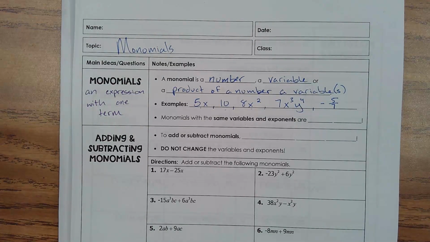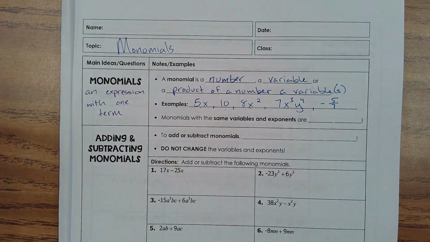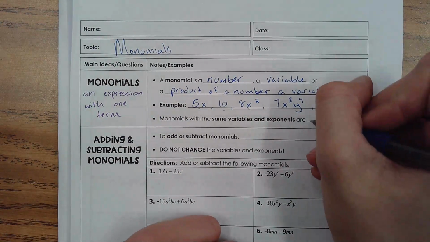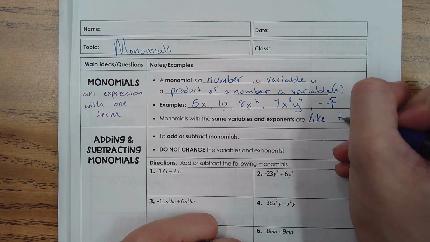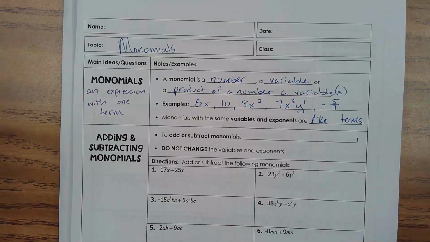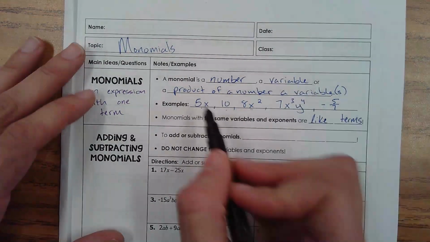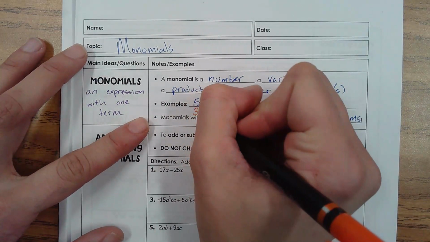Whenever we have ones that have the same variables, right, so these letters, and the same exponents, so the letters and the exponents match, those are like terms. So, for example, a like term to 5x might be 3x.